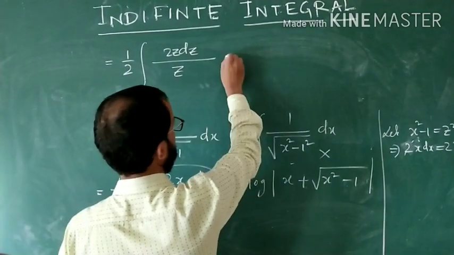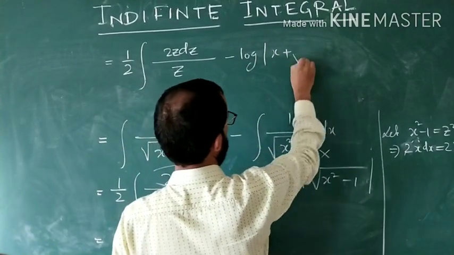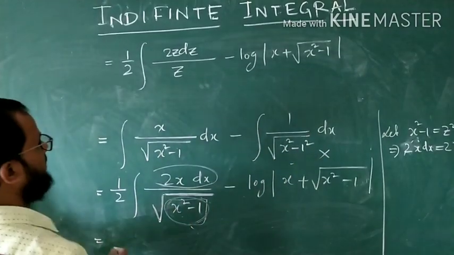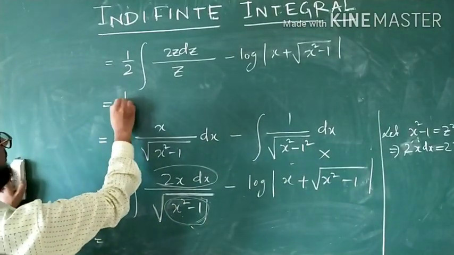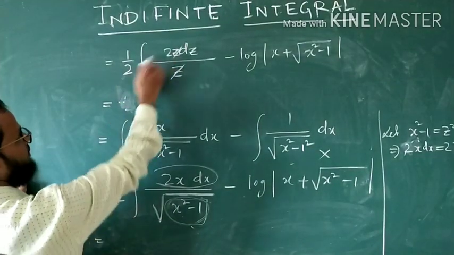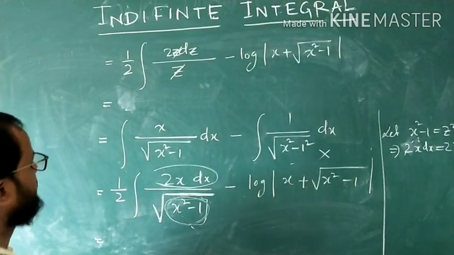And this one same, ये तो हमने कर लिया, x plus root over x square minus 1. Okay, and this expression can be done half into z क्या होगा? Cancel. Half into 2 क्या होगा? Cancel. क्या रह जाएगी? इंटीग्रेशन dz. इंटीग्रेशन dz is equal to what?